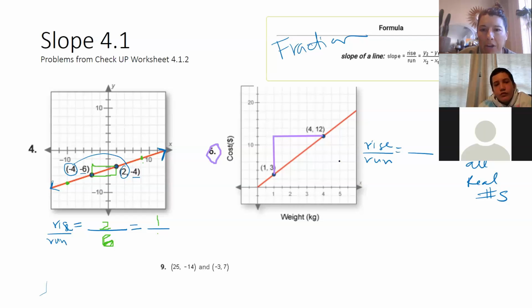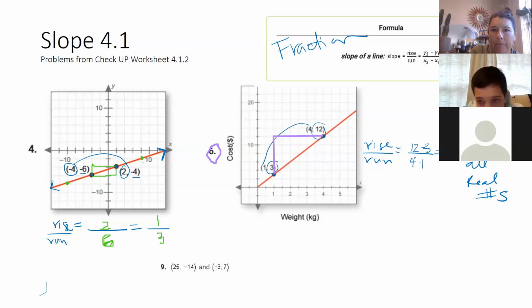Good work. Malachi, how you doing on rise and run here? So rise is our 12 minus 3. Our run is our 4 minus 1. All right.